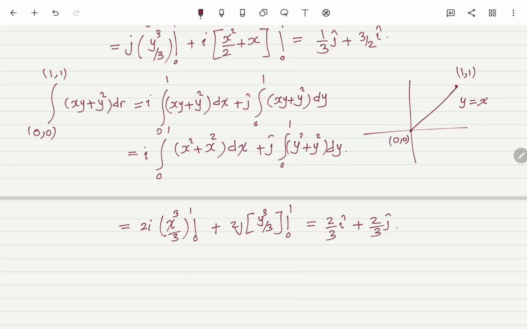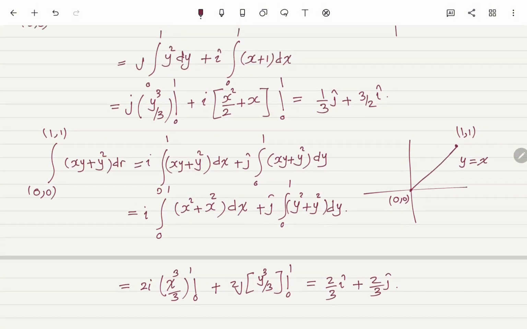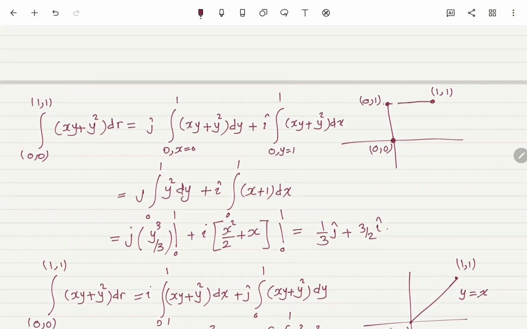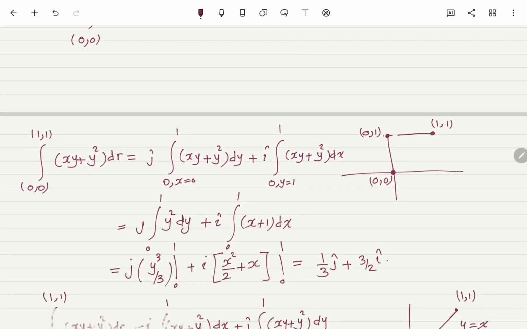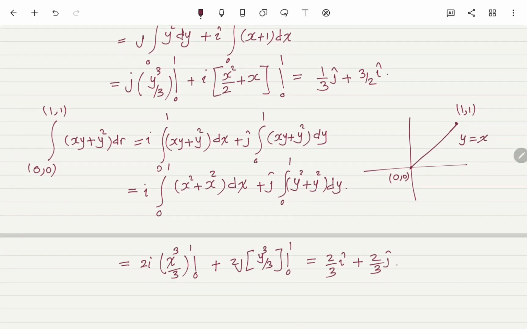Now, the reason for doing this integral in different paths is to prove that the integral is path dependent, because for the first path, the integral equals 5 over 6. The second path, the integral equals 1 over 3 j hat plus 3 over 2 i hat. Now, the third path, the integral is equal to this one here.